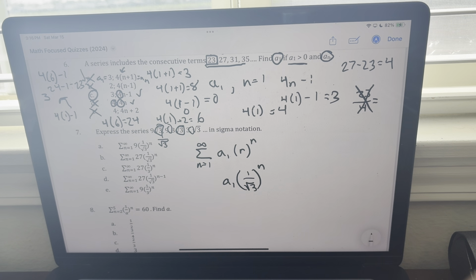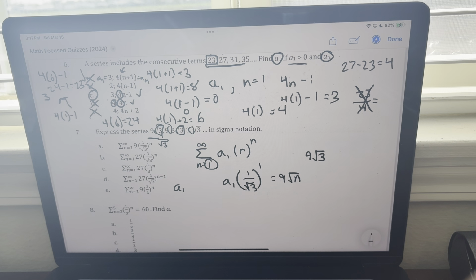So to do this, we need to find which number, if we know the first term is 9 square root 3, then we need to find what a1 equals 9 square root 3 when n equals 1, right? Because the first term, it says right here on the bottom of our sigma notation that n equals 1.